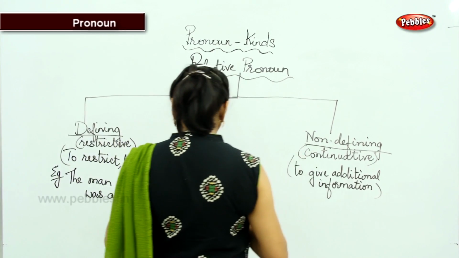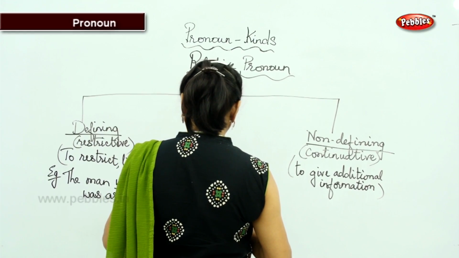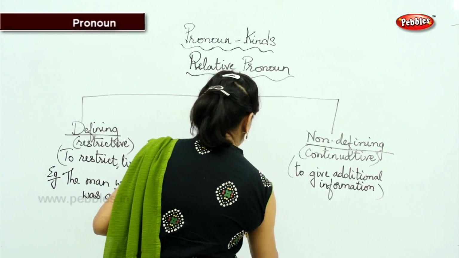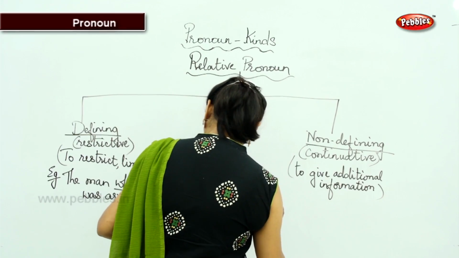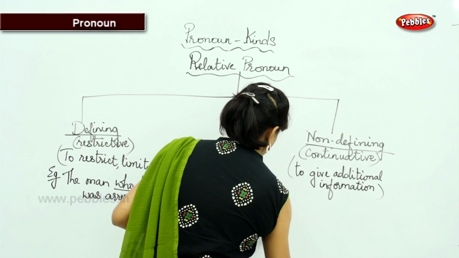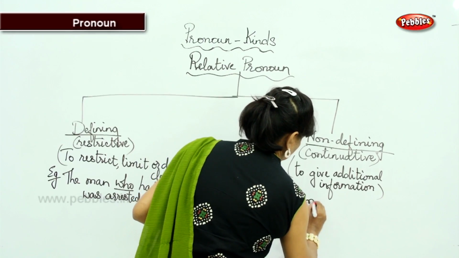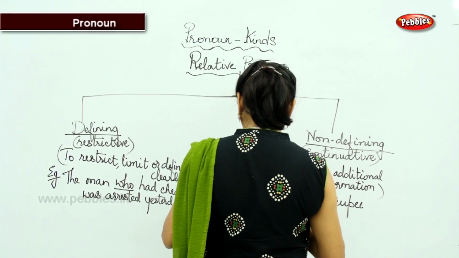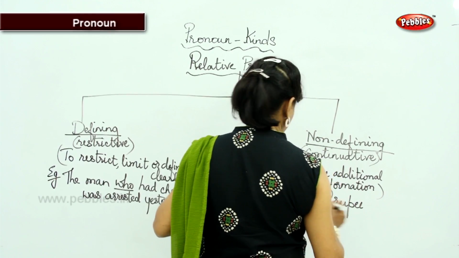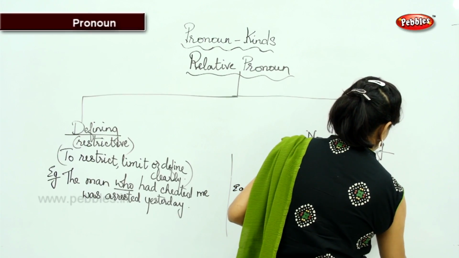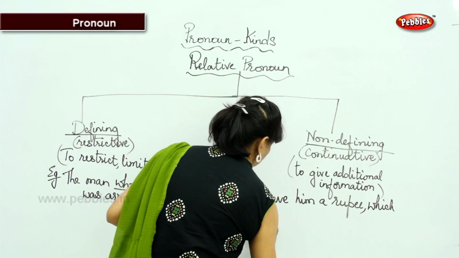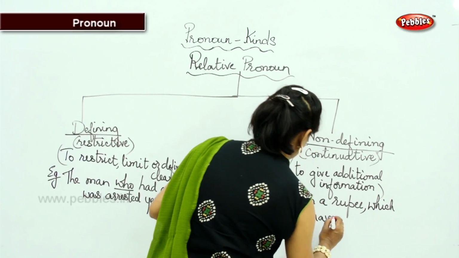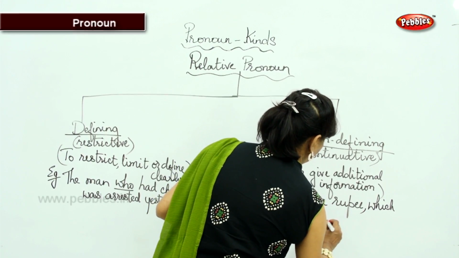Okay, now let us see the continuative. Here example, I gave him a rupee, which was all I had.